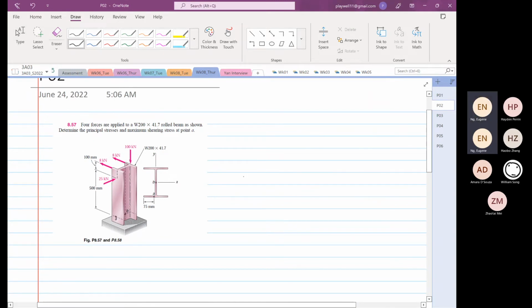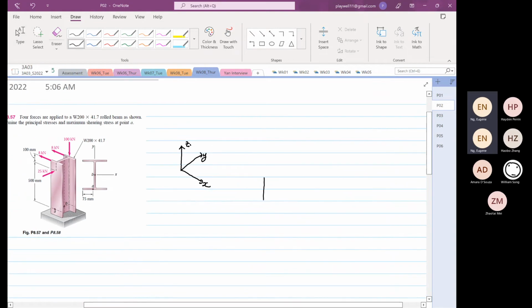So we know that this is our X. This is our Y. And this is our Z. So I'm going to draw element B. Our element B has a normal stress coming down in compression.